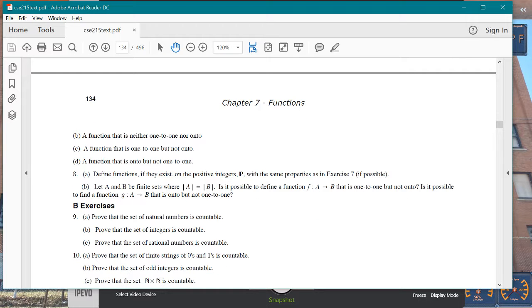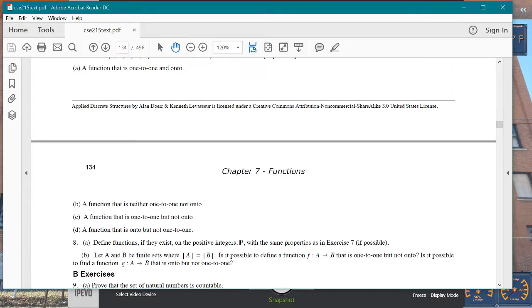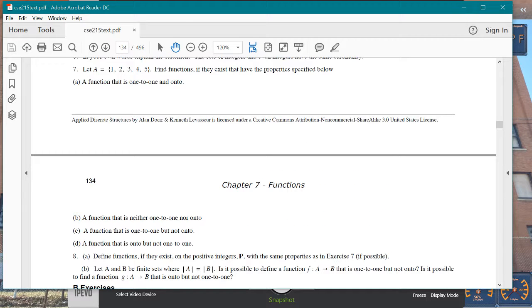Number 8, define functions if they exist on the positive integers with the same properties as in exercise 7. Yeah, this is a fun one. So, part A is 1-to-1 and onto. Part B is neither 1-to-1 nor onto.